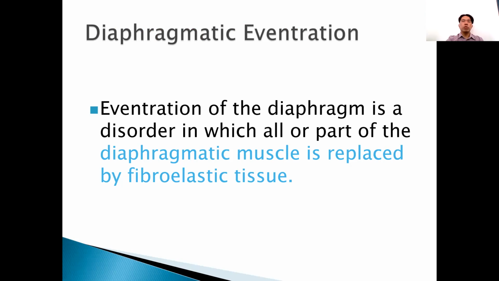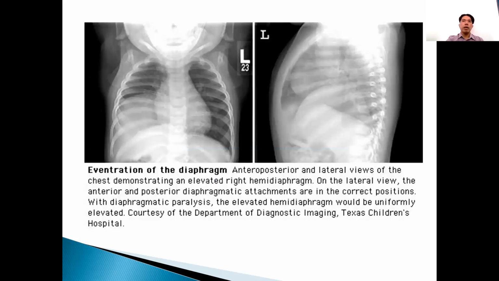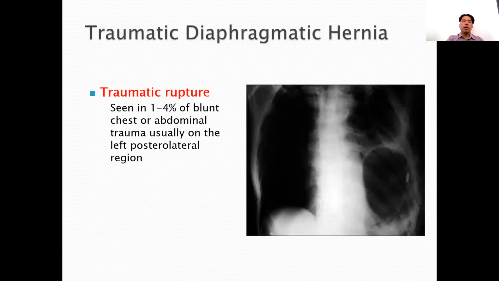So it's called eventration. This is actually a misdiagnosis. Usually when you see bowel loops in the chest, you say it's CDH, it's a diaphragmatic hernia, but lo and behold, CT scan actually shows there's no defect, but just a fibroelastic tissue replacing the diaphragm. So this is actually diagnosed by fluoroscopy. When you inhale, you see that the contents go up and down.